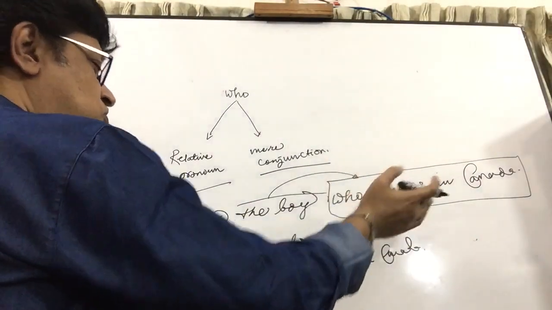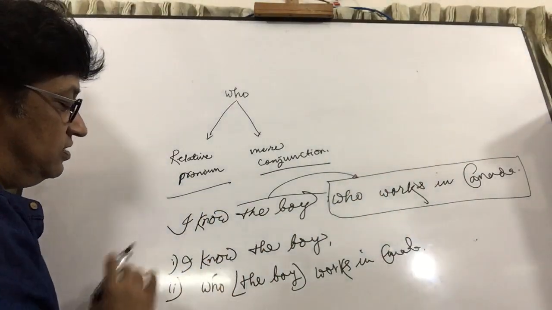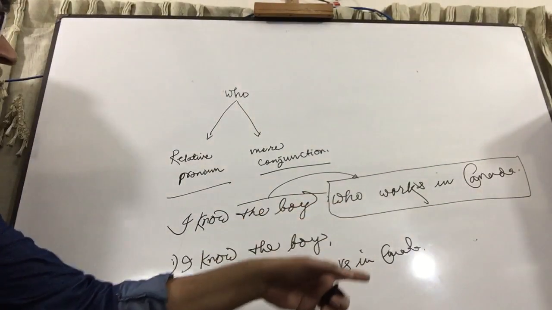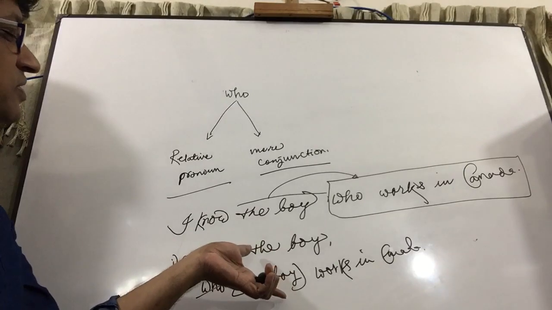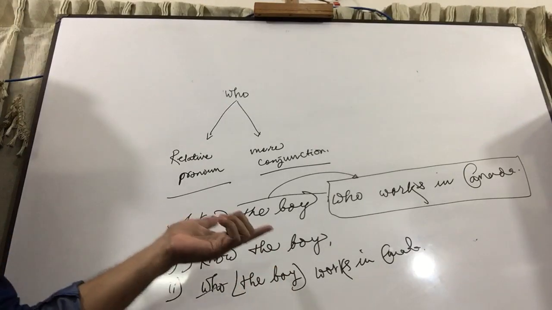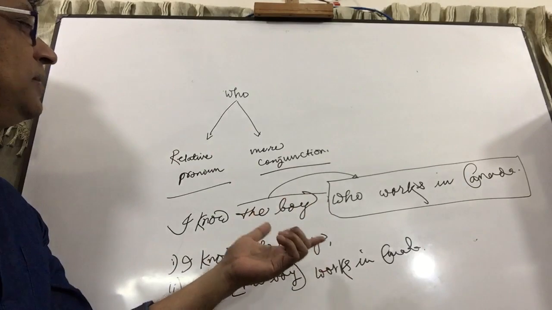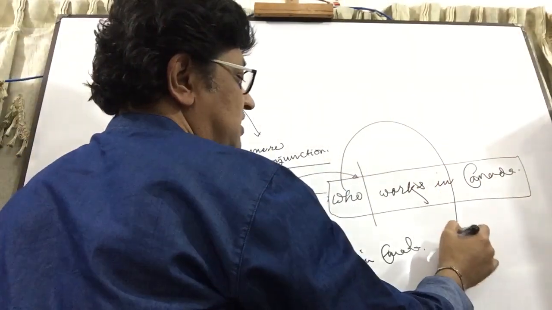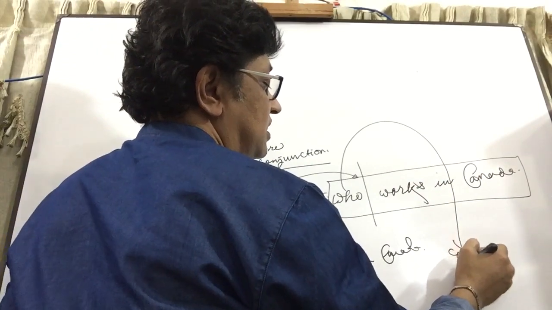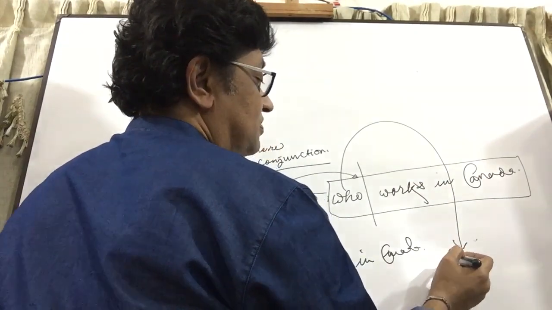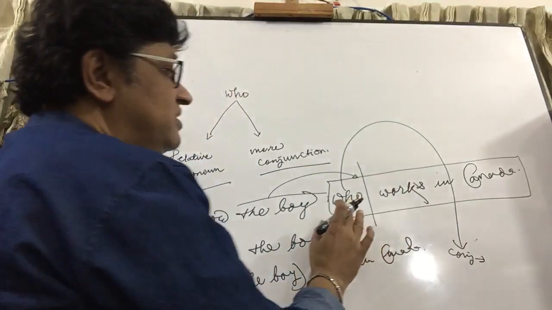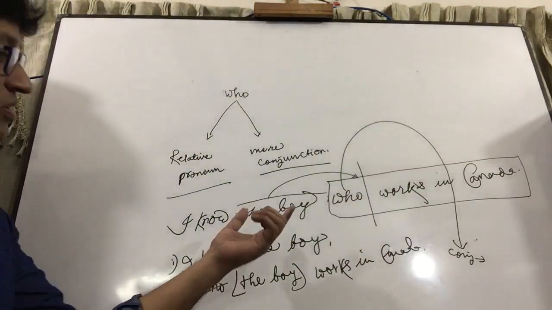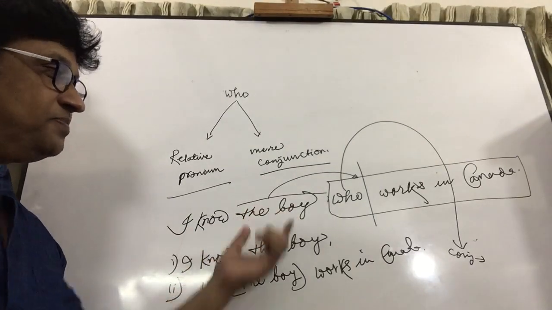And these two simple sentences, when who is cut, then the boy works in Canada. These two simple sentences are joined together by the help of this conjunction. So it is a conjunction, right? At the same time, it joins, and again it supplies some information about the noun that is placed before.